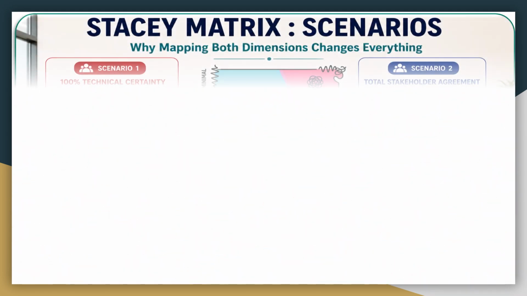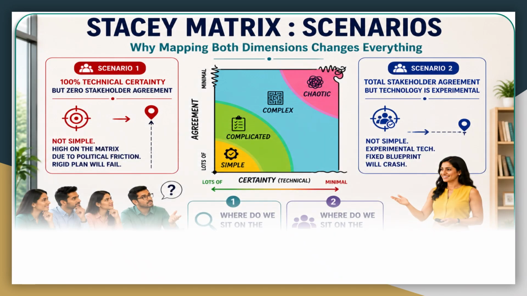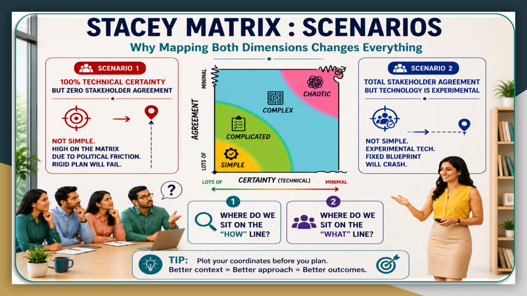Now, as an agile project manager, you might ask why mapping both dimensions changes everything. Here is the ultimate takeaway that most traditional project managers miss. A project can become highly complex even if the technology is completely simple. Let's say you have a project with 100% technical certainty but zero stakeholder alignment.